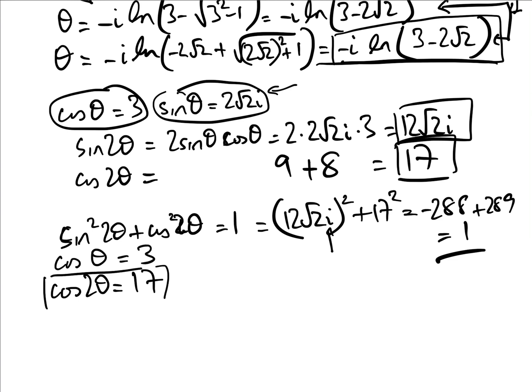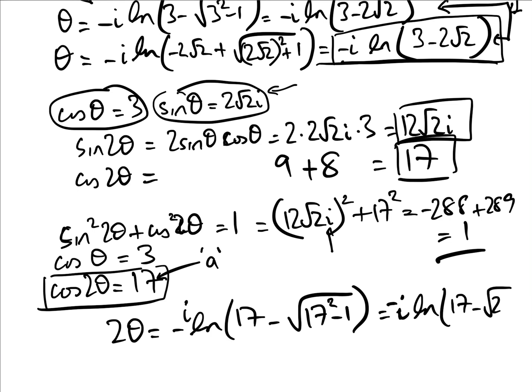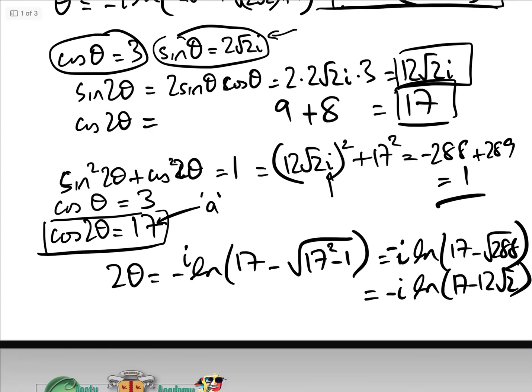Well, let's just put this cos 2 theta here into our formula at the top of this video, and we get that 2 theta equals minus i log 17, because that's the A in the formula at the beginning of this video, 17 minus the square root of 17 squared minus 1, which equals minus i log 17 minus root 288, which equals minus i log 17 minus 12 root 2.